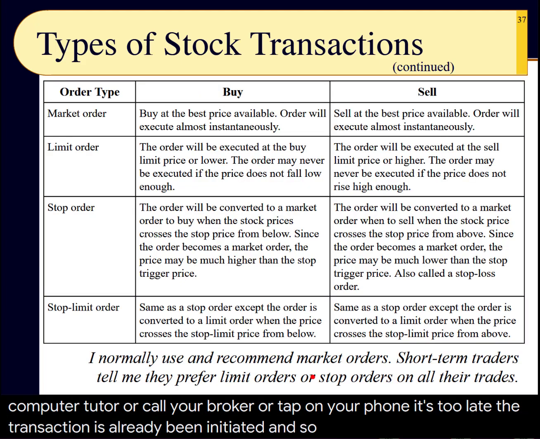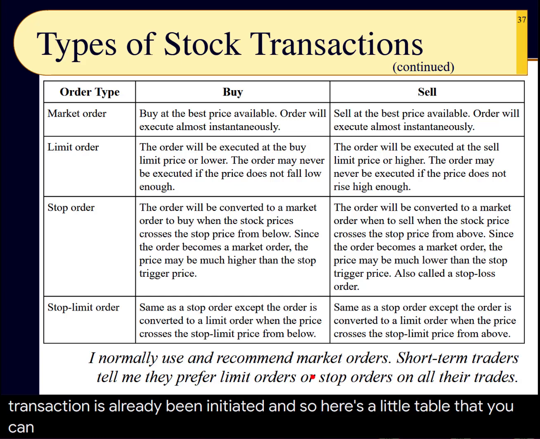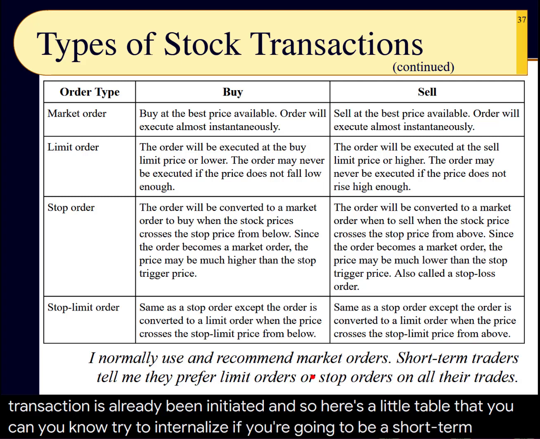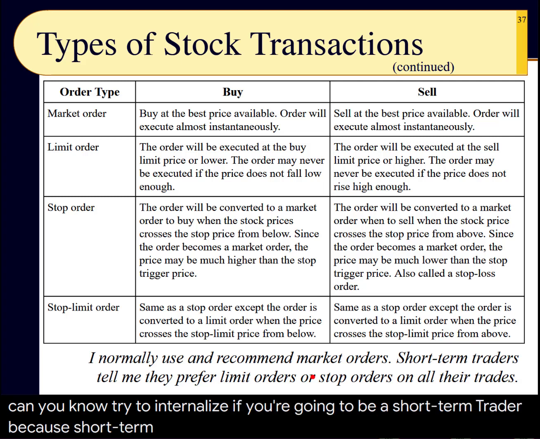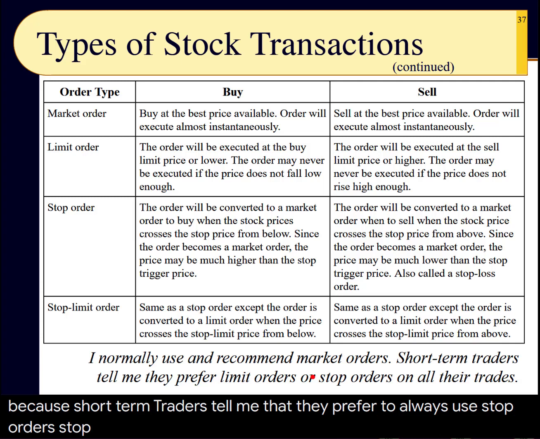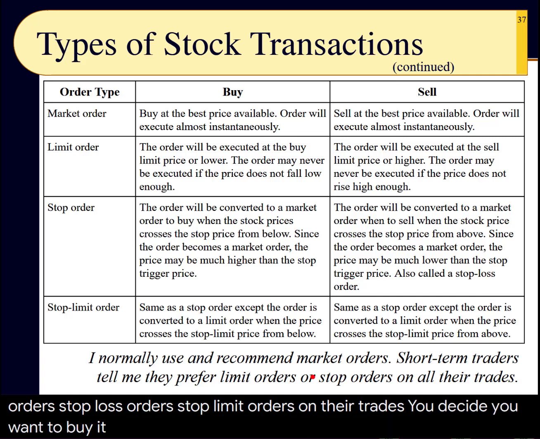And so here's a little table that you can try to internalize if you're going to be a short-term trader, because short-term traders tell me that they prefer to always use stop orders, stop loss orders, stop limit orders on their trades. So there you go. You decide. You want to buy it, buy it. You want to sell it, sell it.